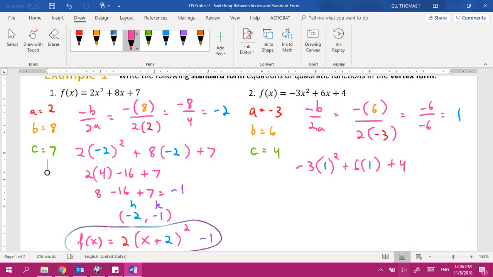So that's just going to be negative 3 times 1 plus, what's 6 times 1? 6. Plus 6 plus 4. What is negative 3 times 1? Negative 3 plus 6 plus 4. And what is negative 3 plus 6 plus 4? That is 7. So my y value is going to be 7.